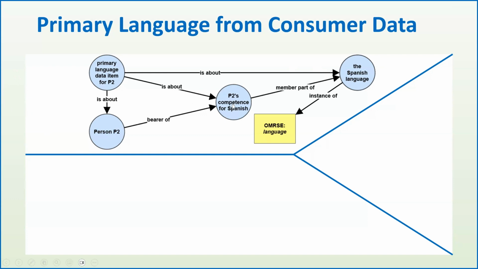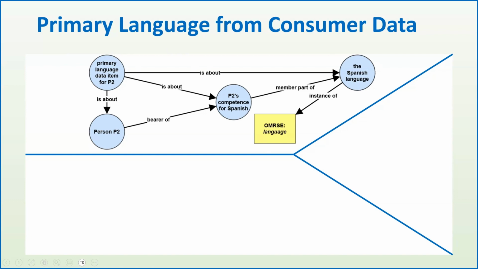So the person is the bearer of the linguistic competence, which is a member part of the Spanish language, which is an individual entity, and it is an instance of the class OMERS language. And so we've represented the primary language data item as being about the person, the competence, and the language.